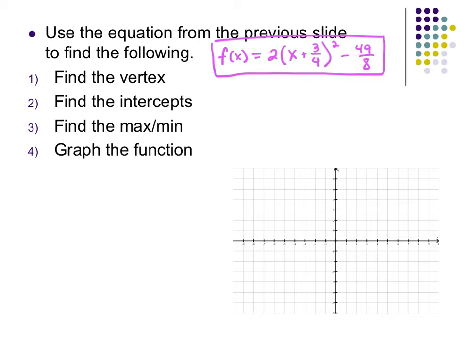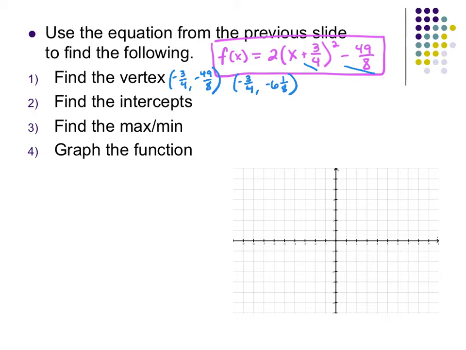So hopefully the vertex is quick. That's your h, k, opposite of what follows x, which is negative 3/4. And then whatever it is after the parentheses, negative 49/8. When I graph that, that means that's negative 3/4, and that means that's negative 6 1/8. Obviously, I need to convert that to a mixed number in order to graph it. How you answer that, however, is either way.